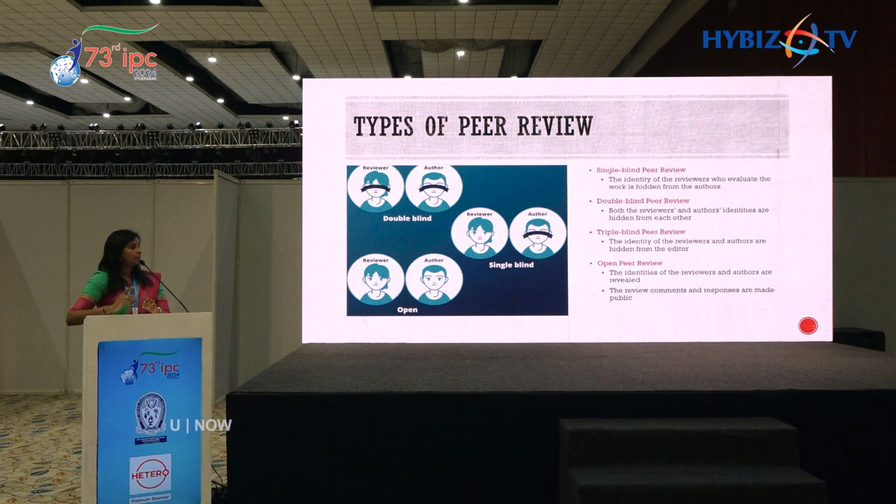But the most common is number 2, double-blind peer review, where both reviewers' and authors' identities are hidden from each other. It means when the editors send the paper to the reviewer, your names are not included because they don't want to introduce any form of bias to the review. And when the reviewers come back to you as authors, you also don't know their names. They will just be reviewer 1, reviewer 2, and so on.